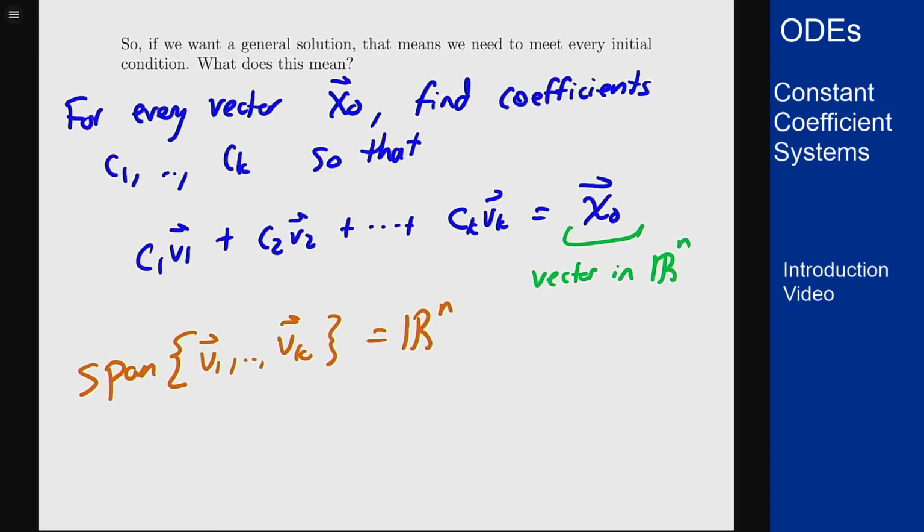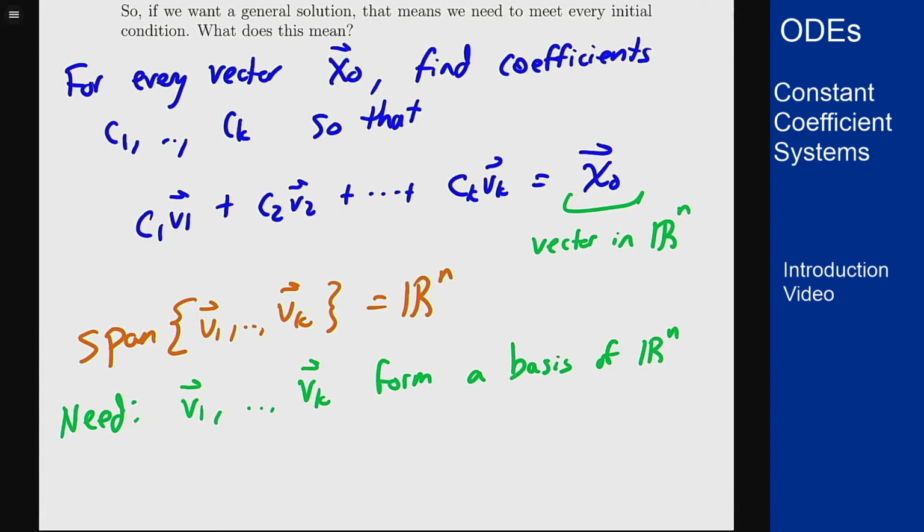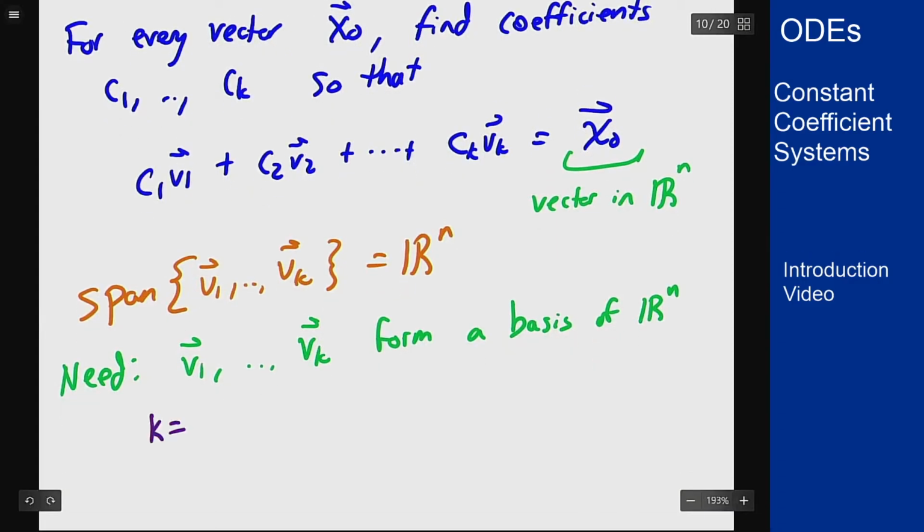Now, if I want this to happen in the best way possible, I want them to actually be a basis. I want them to also be linearly independent so I'm not doubling up on any information. So what I really need is that v1 up through vk form a basis of Rn. They need to be linearly independent, and they need to span all of Rn, which in particular means that k must be n, because all bases have the same number of elements.